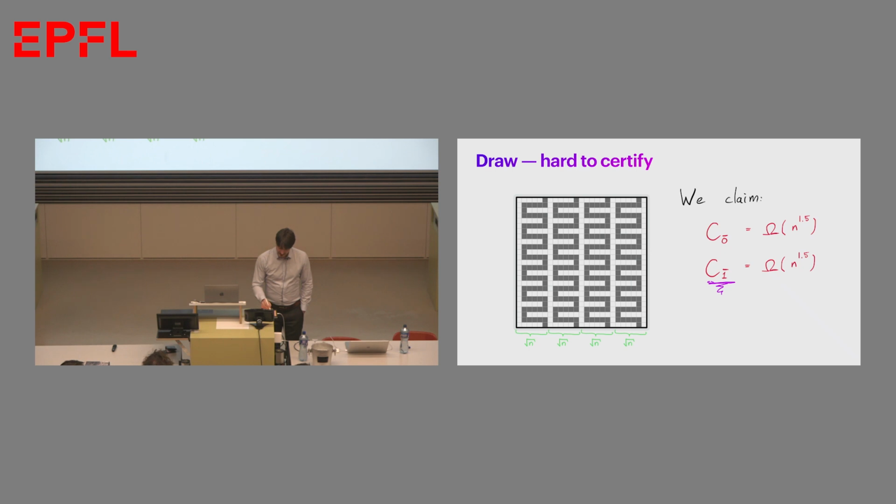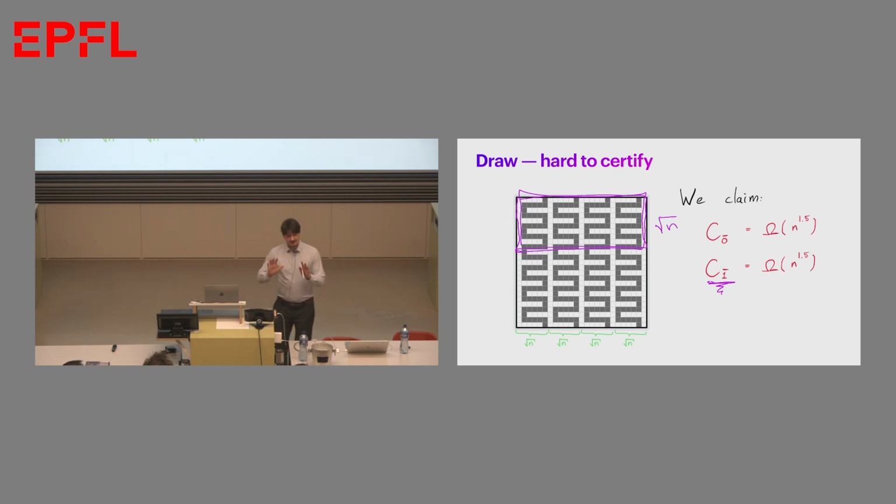Now, if you do the calculation, the certificate would have to involve root n rows, so that each of the snakes that you're seeing travels linearly many steps. And you can formalize this to say that actually any certificate has to be of the same size as one of these that only use a union of rows.